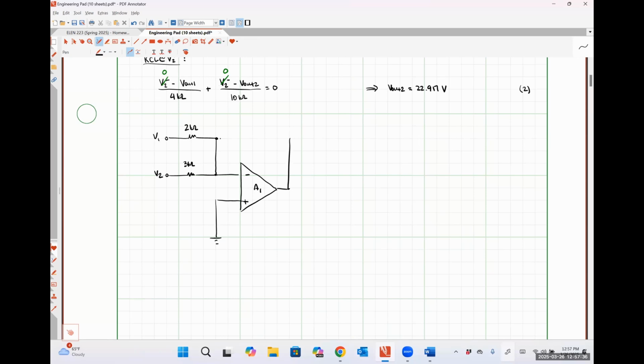Feedback path. I think this was 5 kilo ohms. Here's that voltage V out 1 again for what it's worth. Here's a 4 kilo ohm resistor.